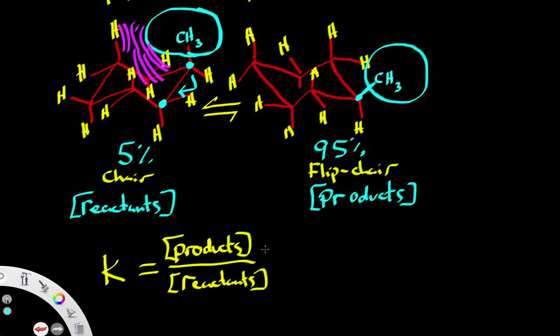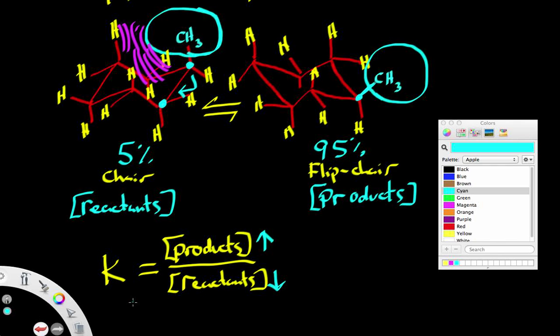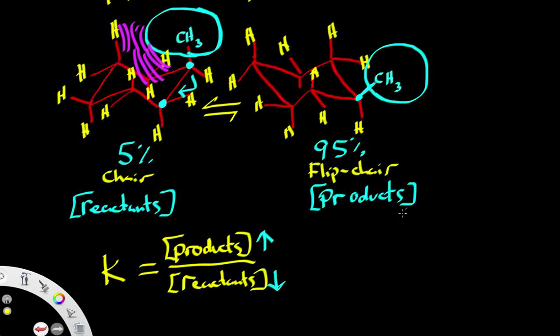So we are going to have a lot of this and a small amount of this. And so now we are going to end up with a K value that is actually a lot larger than 1. And when we have that, we can say that our products are going to be favored.